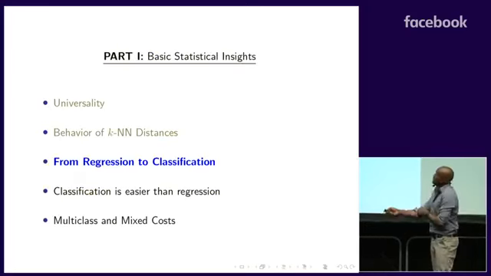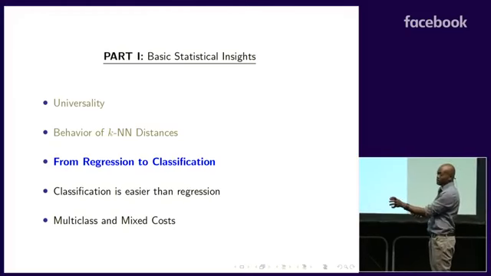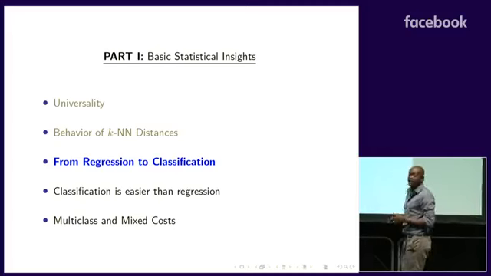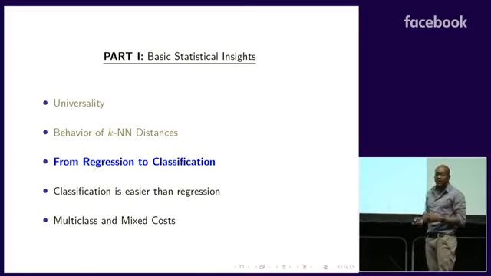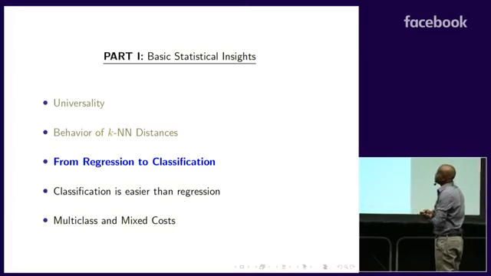In order to understand whether the fact that nearest neighbor distances are well behaved means that eventual procedures are well behaved, we'll look at regression and classification, and we'll try to establish rates for both. Much of the same intuition that I'll develop would also hold for similar problems.